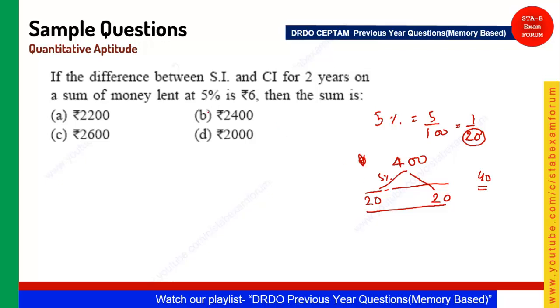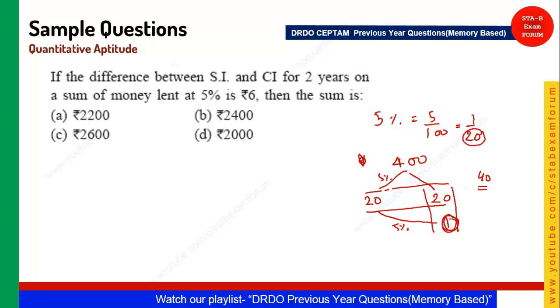But we need to find out the sum, and the difference they have given is 6. So for the next year, compound interest will be what? Again 5% of this 20 is what? 1 rupee. Okay, and this portion is your compound interest, but this is the difference.